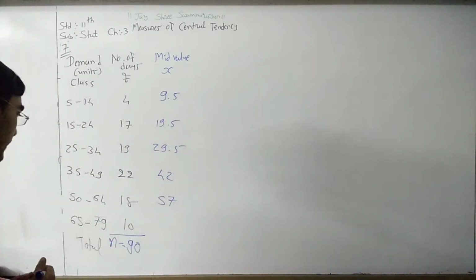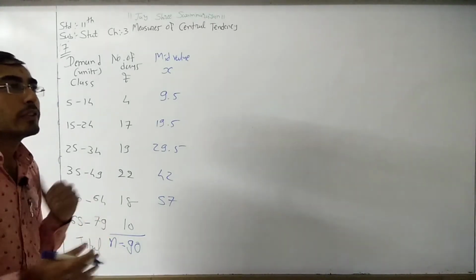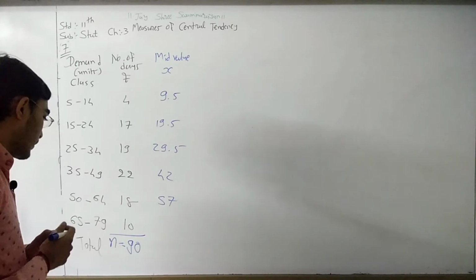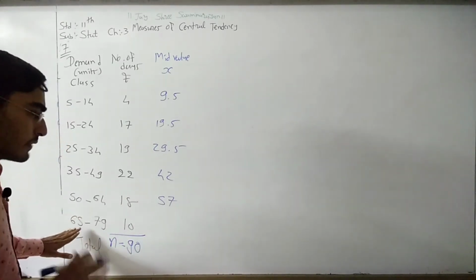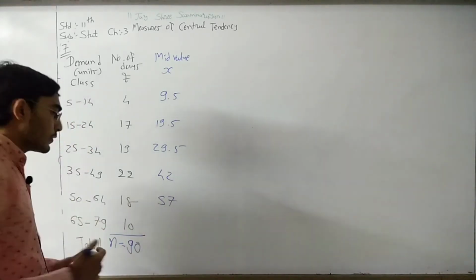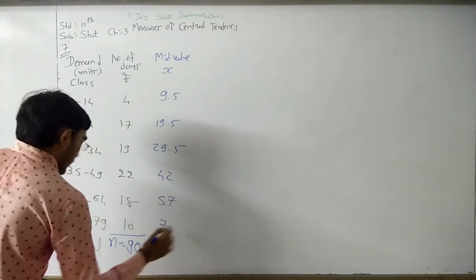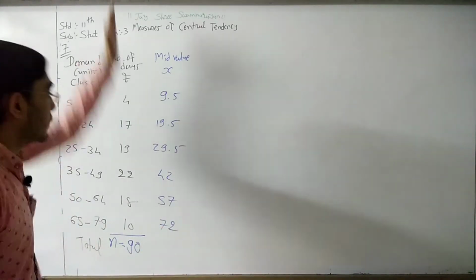And 65 plus 79, 144. 144 divided by 2, 72. Right? So these are the mid values.